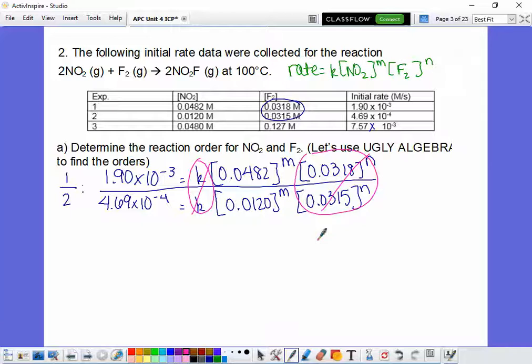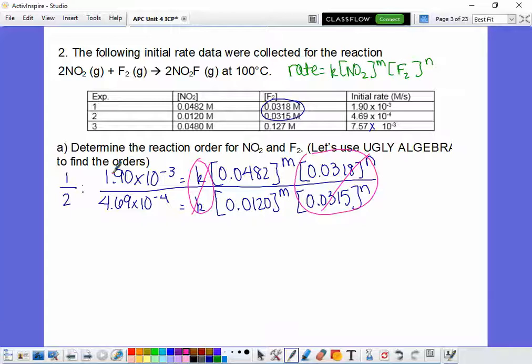Now the reason I wanted to do 1 over 2 and not 2 over 1 is because it's easier to work with whole numbers than it is to work with fractional numbers. So the rate of 1 was larger than the rate of 2, so I wanted to do 1 over 2. If 2's rate was greater, I would do 2 over 1. And that's just to set me up later for easier numbers to work with.